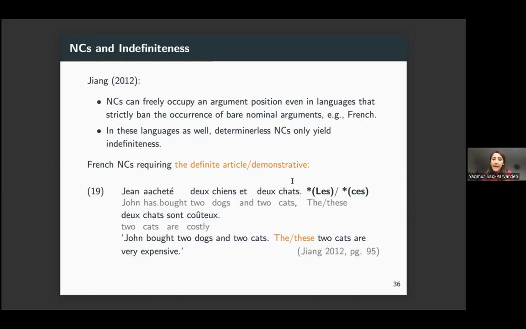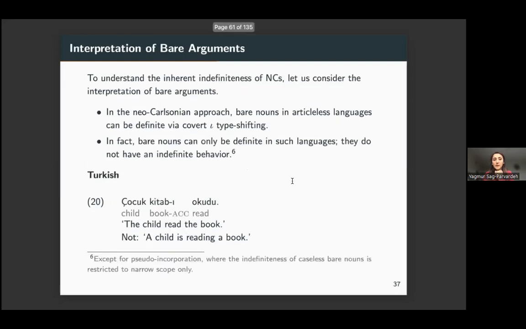And even in these languages, numeral constructions only yield an indefinite interpretation. So for example, if you look at French, their numeral constructions without a demonstrative or a definite article would be indefinite. But for definiteness, they would either require the definite article or the demonstrative.